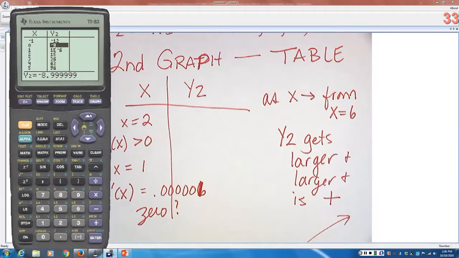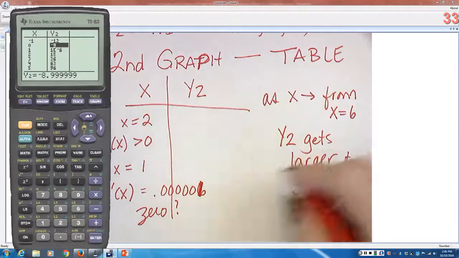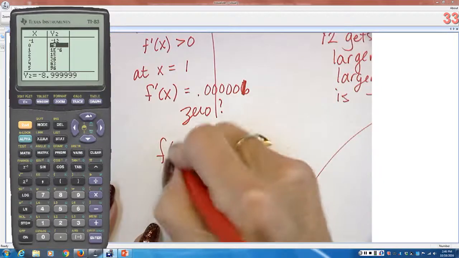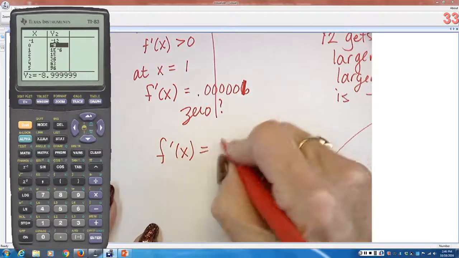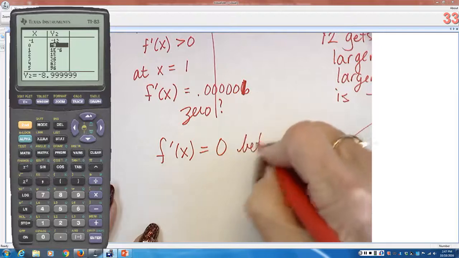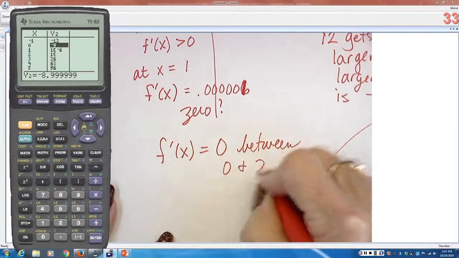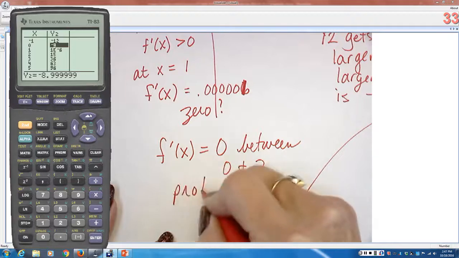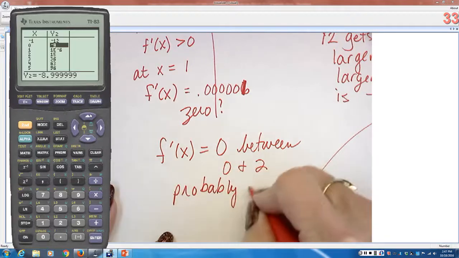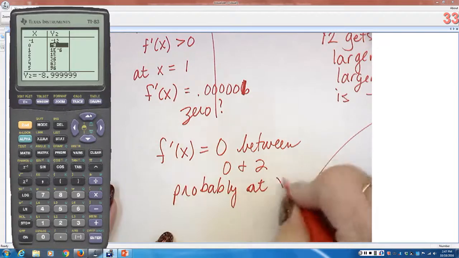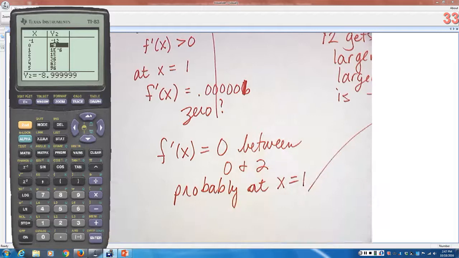There is a point where the derivative, f prime of x, is equal to 0. Probably at x equals 1.